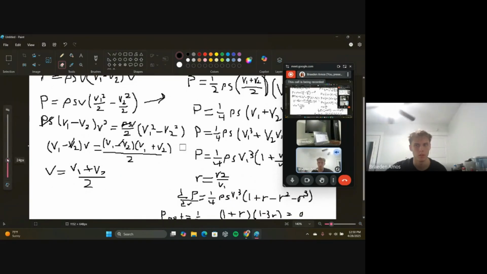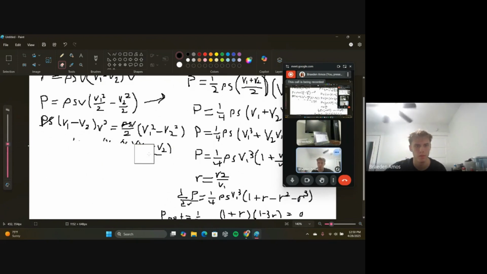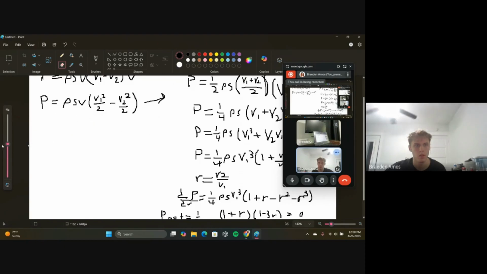Okay, so now we have R optimal, so I'm going to erase these terms down here. Okay, so now we have P optimal equals 1/4 rho S V1 cubed.